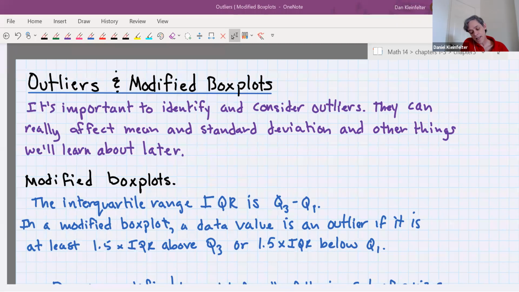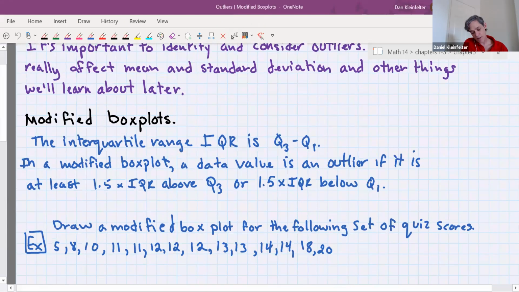An outlier is a data value that is outside the range or outside the group of most of the data values. Sometimes an outlier is a legitimate value. Sometimes an outlier is a result of a mismeasurement or a miscollection of data. So when there are outliers present in your data, you really want to check and make sure that they are legitimate values. Okay, so they can affect the mean and standard deviation and other stuff that we're going to learn about later in this course.